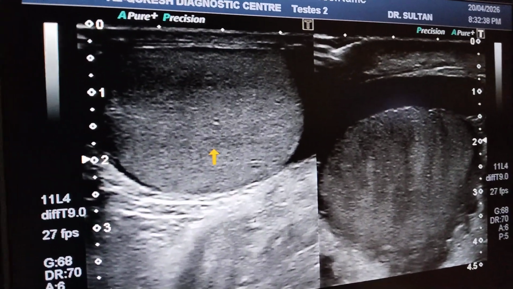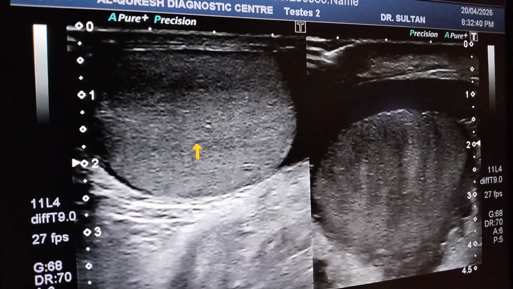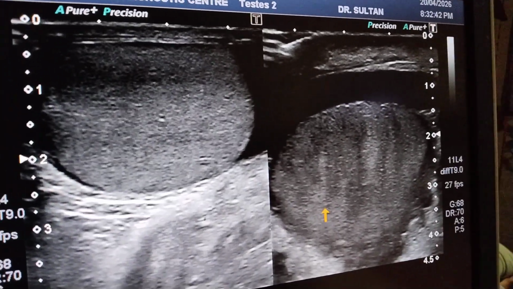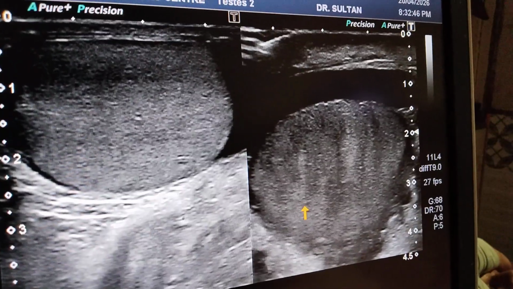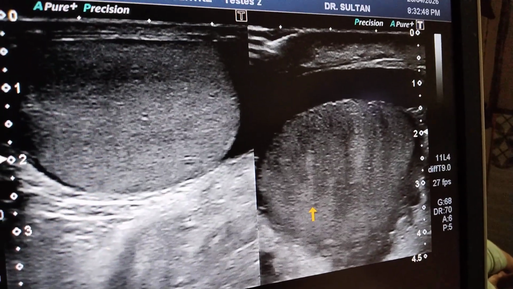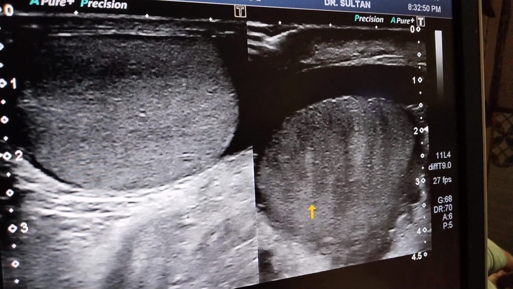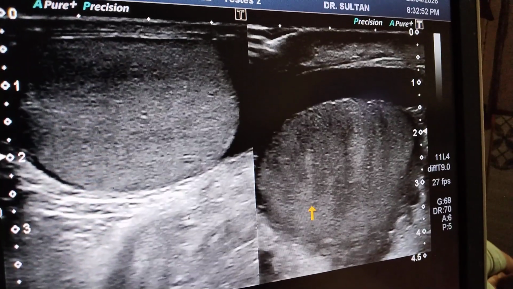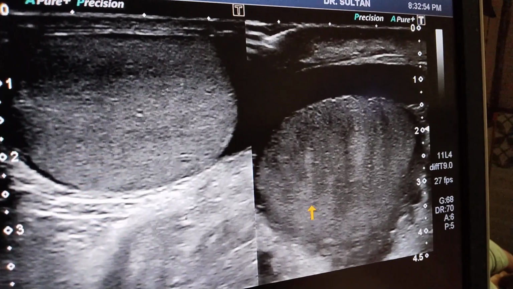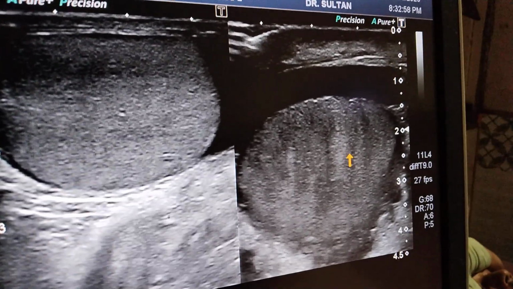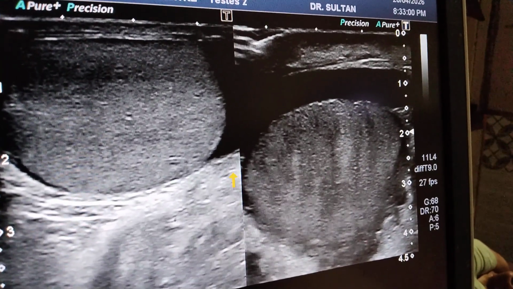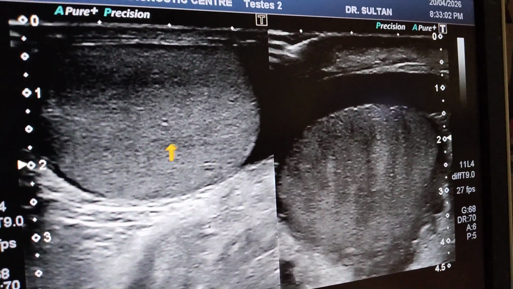So look at the echotexture of the right testis, which is normal, and look at the echotexture of the left testis, which is abnormal, and this patient also complains of acute left testicular pain that is very intense. So it is relatively heterogeneous hypoechoic when compared with the right testes.